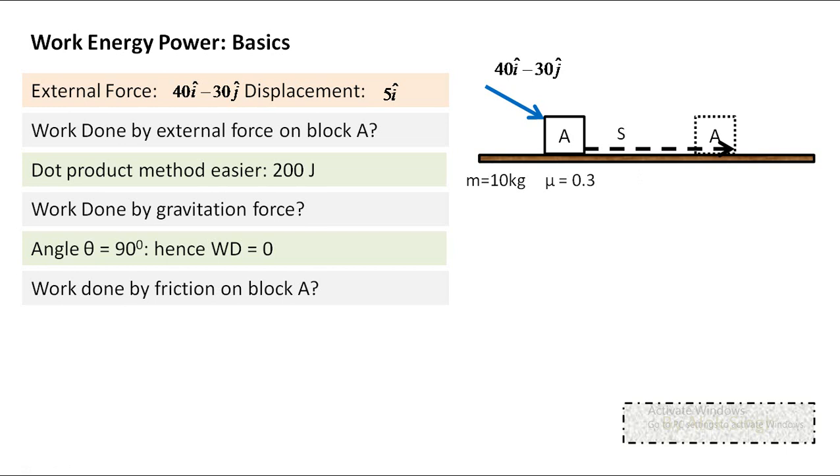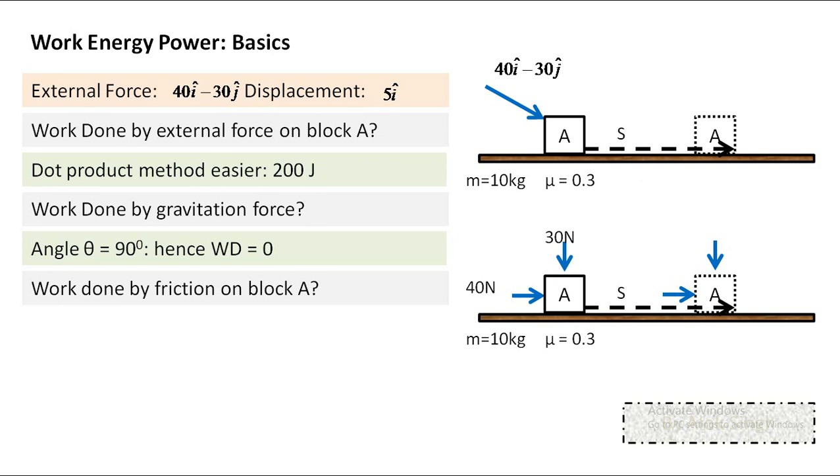To find magnitude of friction force, first we need to find out normal reaction. So basically we draw the free body diagram of A. These two components we express in i component and j component. Quite easily we can calculate the normal reaction will be equal to weight 100 plus 30, 130 Newton.